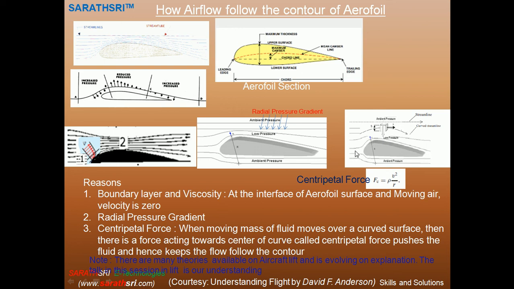That's the reason the airfoil upper surface, or whichever side has more curvature, will have a curved direction and bend the flow, bend the streamlines. This centripetal force is one of the main reasons the flow bends and is pushed towards the trailing edge to follow the contour.